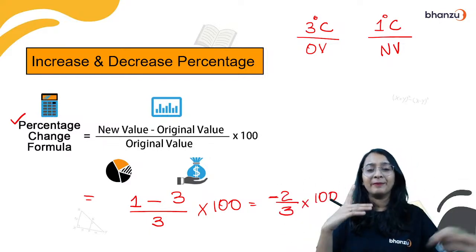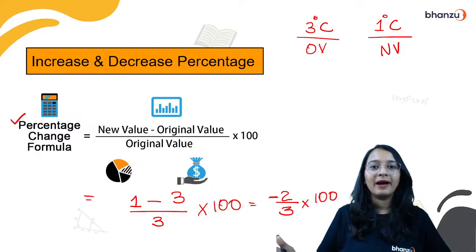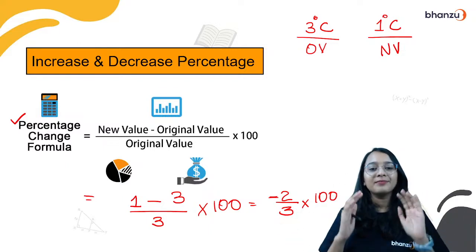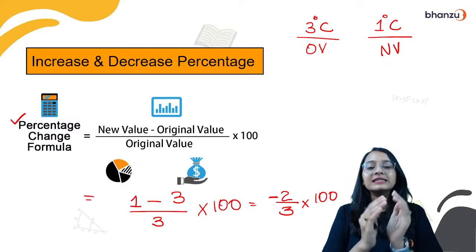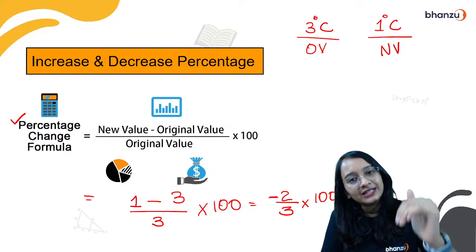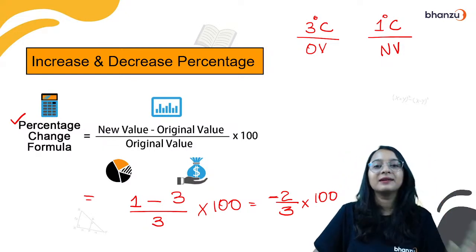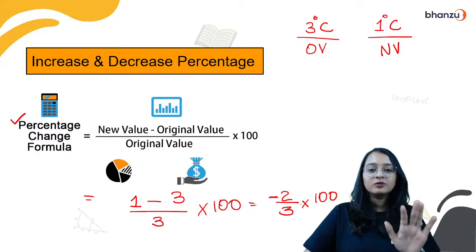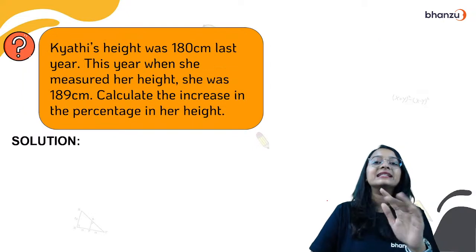Maybe I just have to flip numbers here and there. Maybe it should be 3 minus 1, not 1 minus 3. Don't panic. So always keep this in your mind. Minus is indicating that there's a temperature decrease. It's just clearly showing it to you in mathematical language. Nothing more. So like this, we would be finding out the percentage decrease or percentage increase.